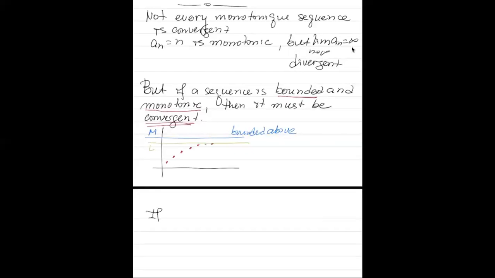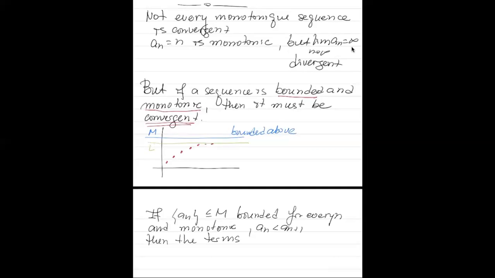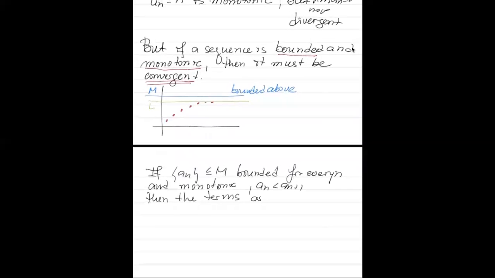So if our sequence is bounded, that means bounded for every n, and monotonic, in this case increasing, then the terms of the sequence are forced to approach some number L.